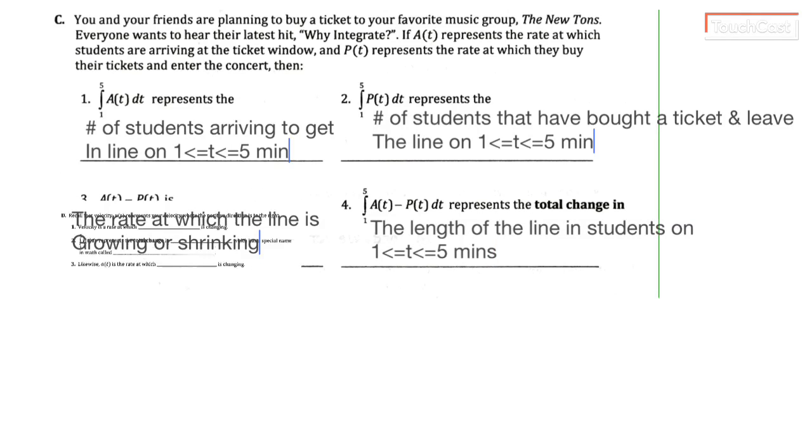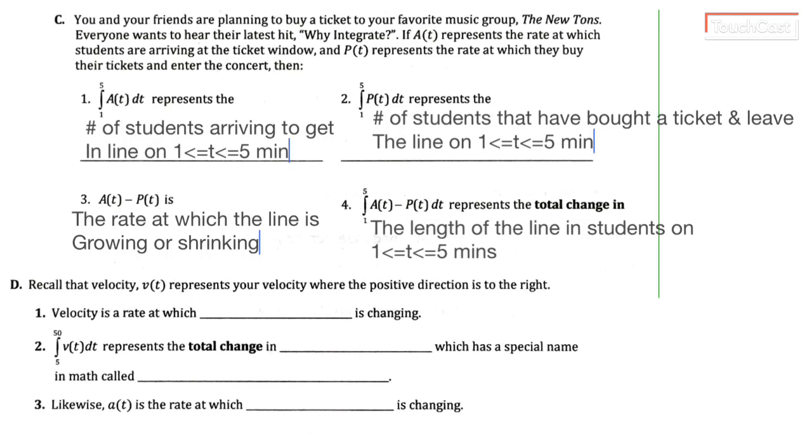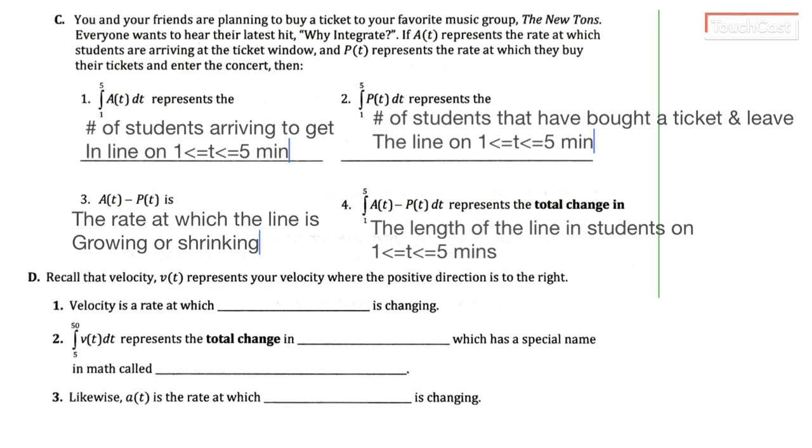Now in part D of example 1, I want us to recall that v of t represents velocity, where the positive direction is to the right. Velocity is the rate at which the position is changing.